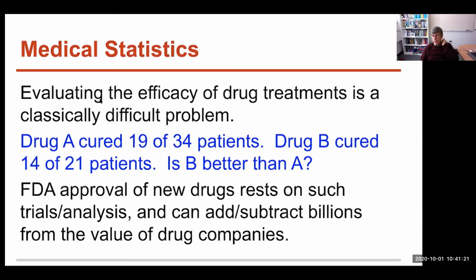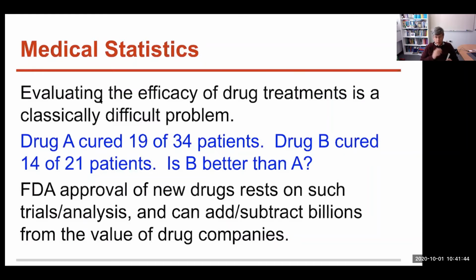You've got to convince patients to take your drug instead of the thing that the doctors normally use to try to save lives. Typically, when you sign up for a drug test, they will say, we're going to give you either drug A or drug B, and we're not going to tell you which one you're taking.